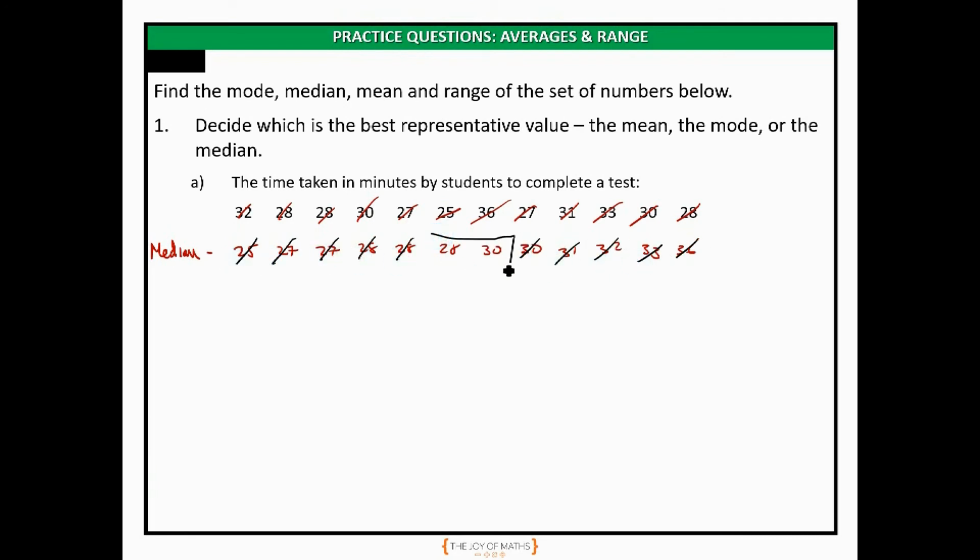And what I'm left with is 2 values, so I'm going to have to add them together. That gives me 58, and 58 divided by 2 gives me 29. So the median is 29.